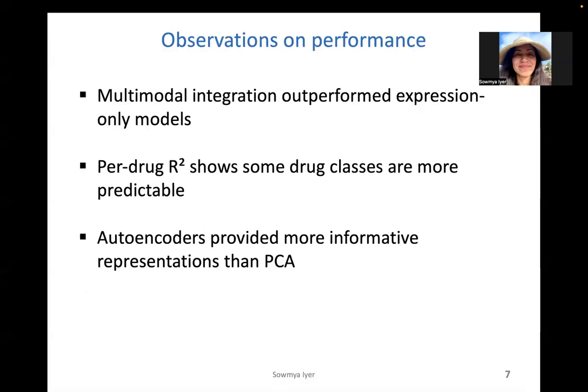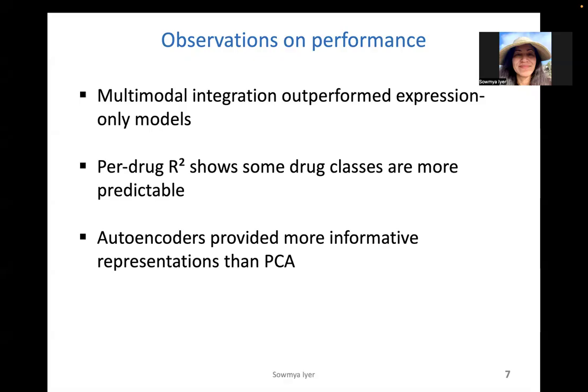So this model was applied, and when I saw the results, these were the overall observations that I noted. The first is that multimodal integration outperformed expression-only models. I tried this in an incremental fashion: first expression only, and then added mutation data, and then gene essentiality data and lineage.